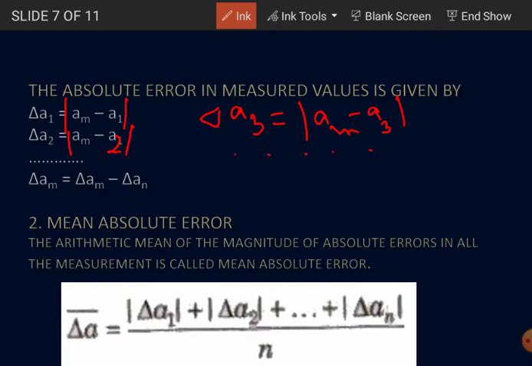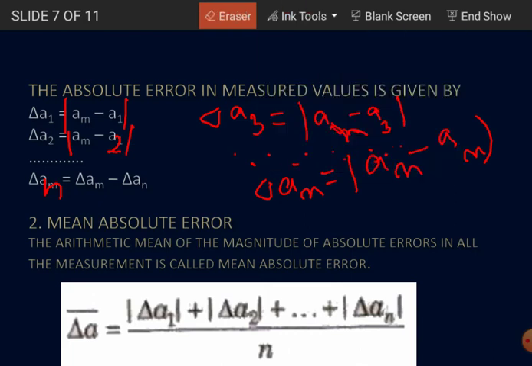If you go on like that, 3, 4, 5, and for the absolute error in the measurement of the nth observation, it will be delta a_n, equal to the modulus of a_m minus a_n. Here a_m is the mean, which is the true value. Why am I writing this as m?